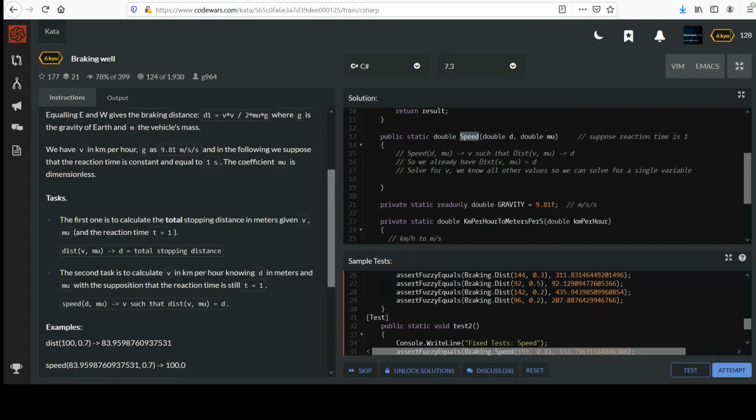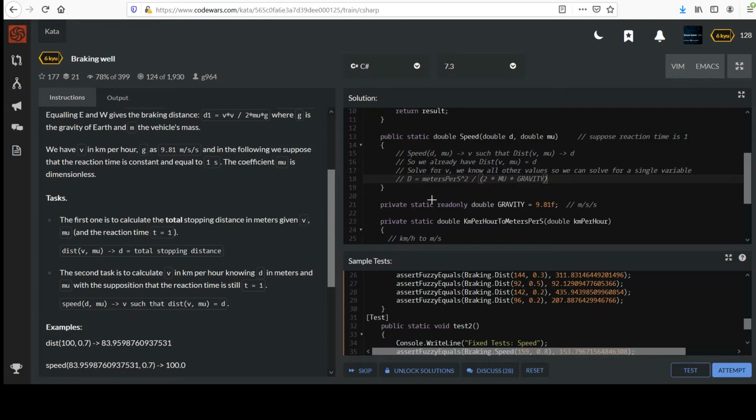And so let's take that last method we made, and it said d, the distance, was equal to, I'm going to use the meters per second because that's the units we worked in, meters per second squared. I'm going to use this shorthand. Meters per second squared divided by the quantity 2 times mu times gravity.